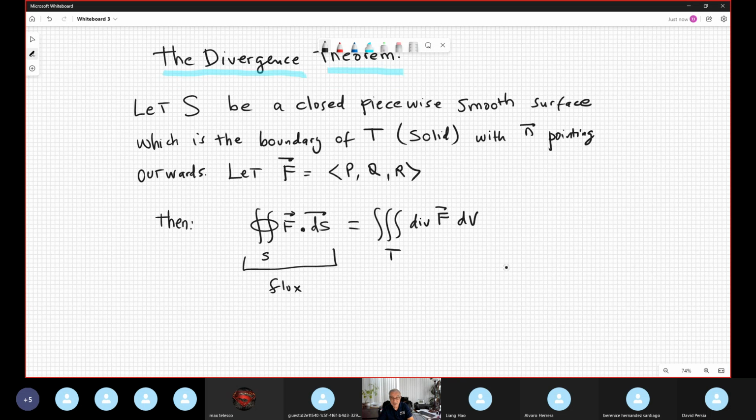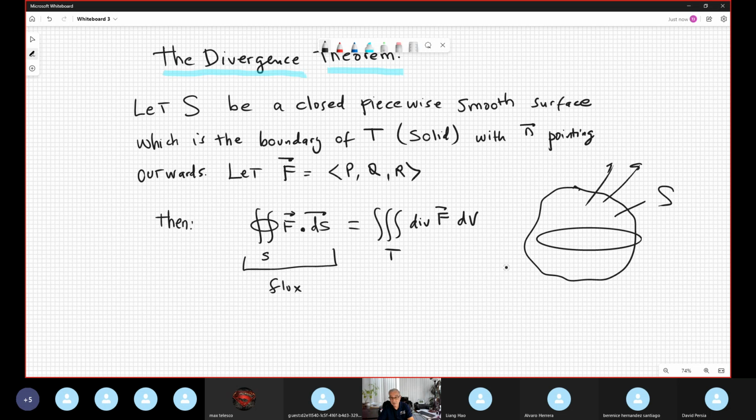So what is the idea? Suppose we have a surface. This is S. Suppose you have a vector field.